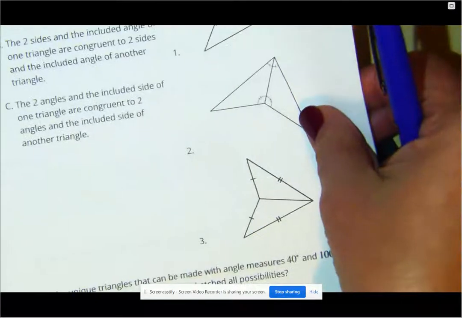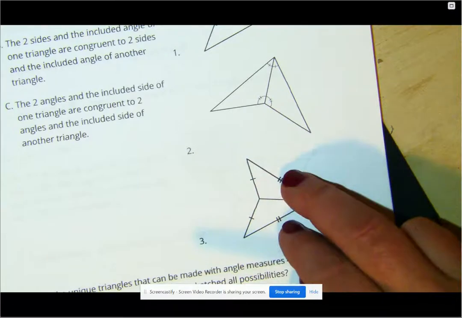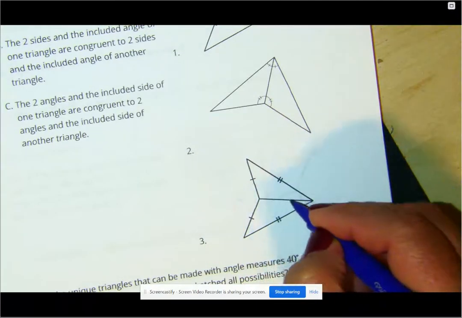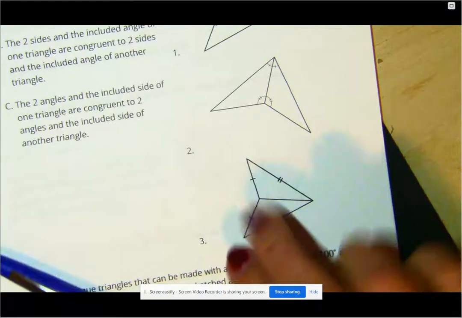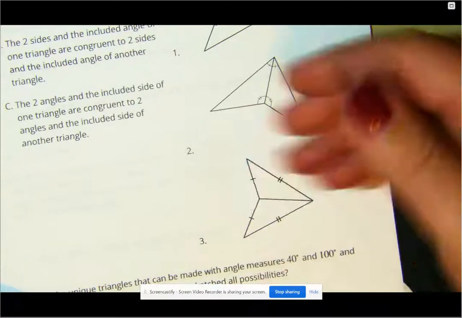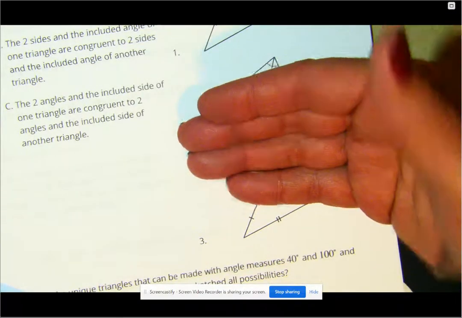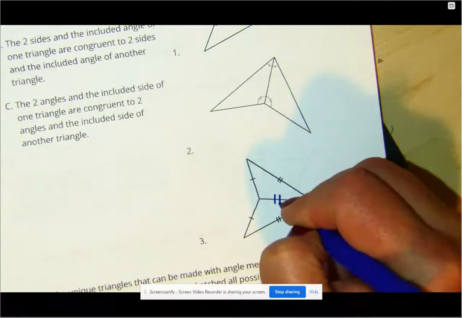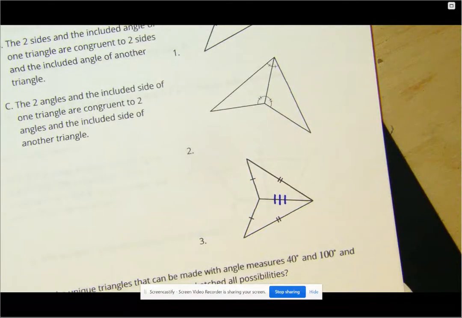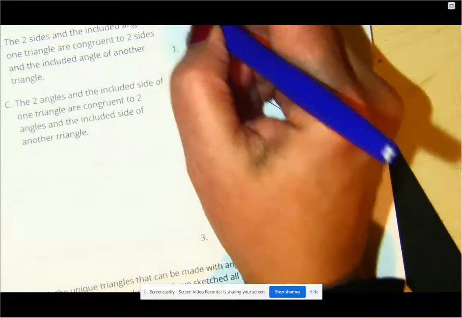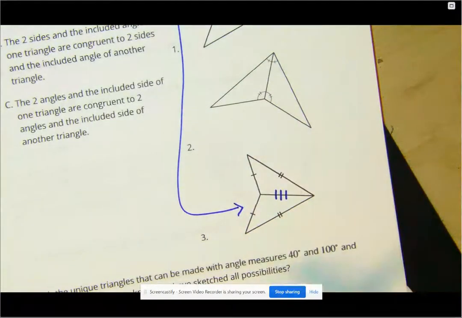And then here we have 1, 2, but then this third piece right here, that's part of that triangle, and it's the same piece that's part of that triangle. So I'm going to put a mark on there. That piece is congruent to itself. So A goes to 3. There are 3 pairs of congruent sides. All right, next one.